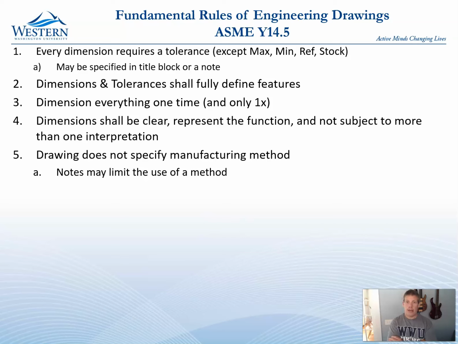All you do is call out a hole. If it is a threaded hole, you just call out the threaded hole and the class. And so there's classes of threads, and those give the tolerances on the threads. And if it is a hole where you just need a really good hole, you're not allowed to say drill and ream anymore.